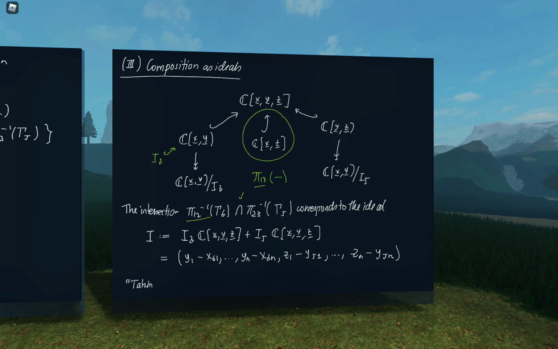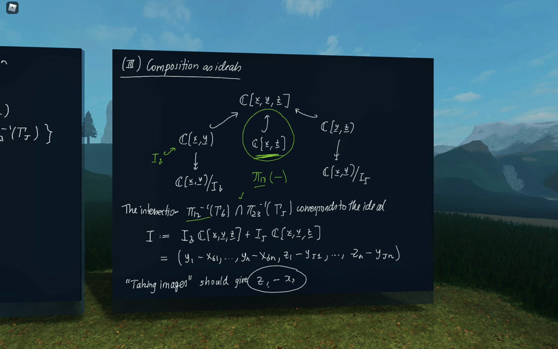So taking images should give us relations with no y's left, z something minus x something. Those are the relations we're looking for when we want to take the image, because taking the image means giving some subset of this polynomial ring. There's no y's allowed here anymore.